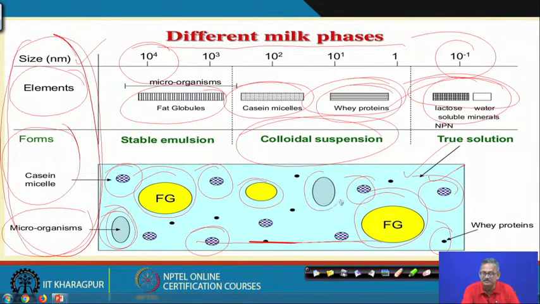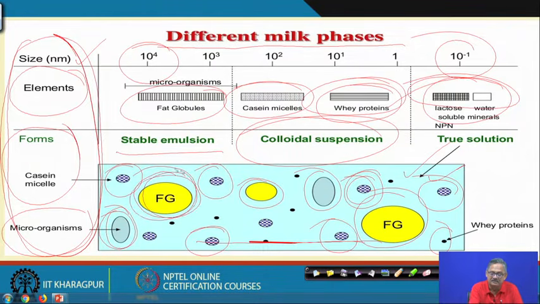So, casein, sorry, not that casein, which is in colloidal suspension, and stable emulsion, that is the fat globules. They are in stable emulsions. So, it contains all three phases, that is true solution, colloidal suspension as well as emulsion, by the respective components we have said, right.